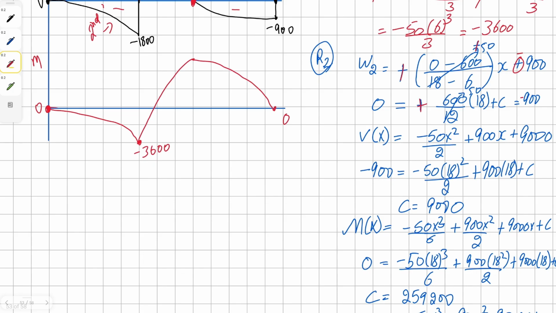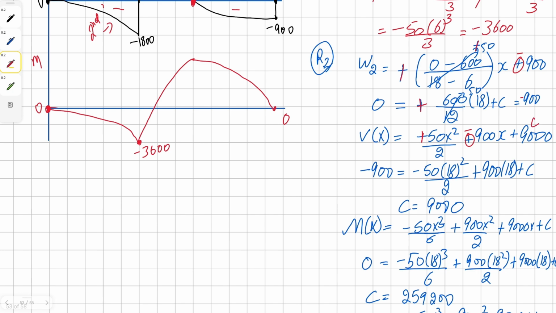And now our shear equation is going to be different as well, because now we have positive 50x squared divided by 2 take away 900x plus the constant.